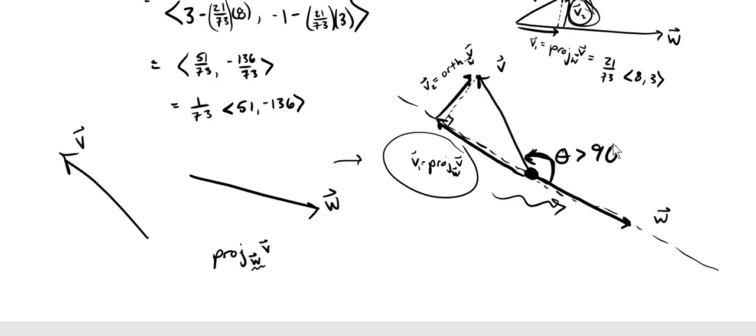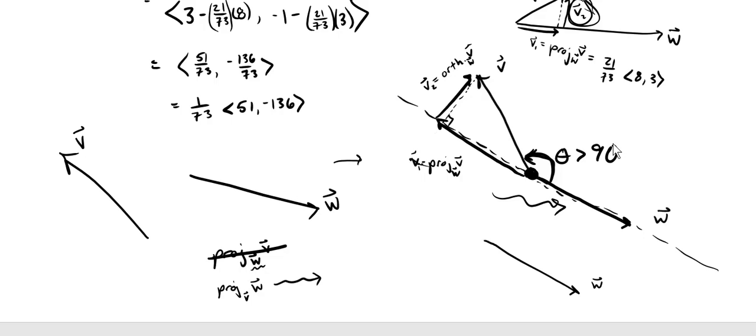Right? So maybe interesting to do with these two before we end is to project in the other direction. Let's project W onto V and see what that would look like. So W onto the direction of V, let me again redraw these tail to tail. There's my W. There's my V. Thanks.